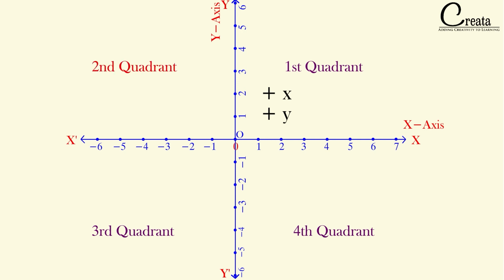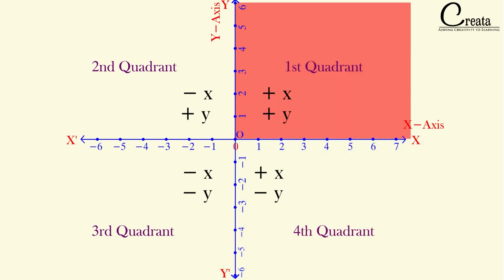If we talk about the second quadrant, here x will be in the negative direction and y will be in the positive direction. Similarly, in the third quadrant, here x is in negative direction and y is in the negative direction. And in the fourth quadrant, here x is in the positive direction and y is in the negative direction.